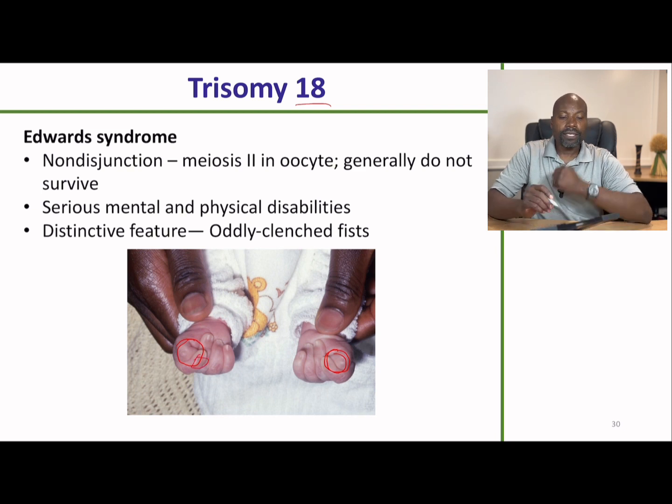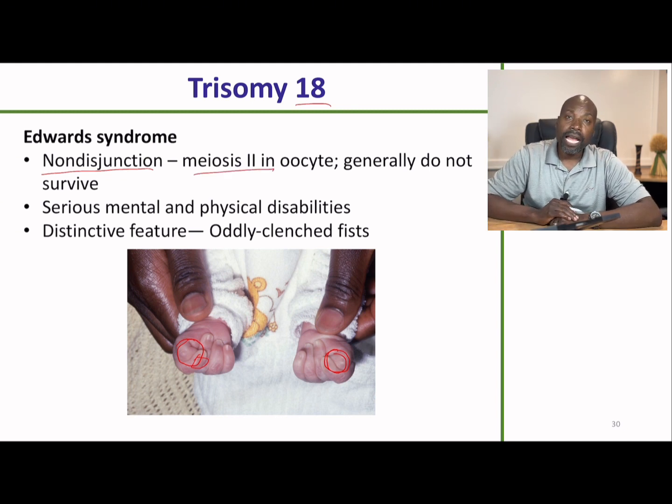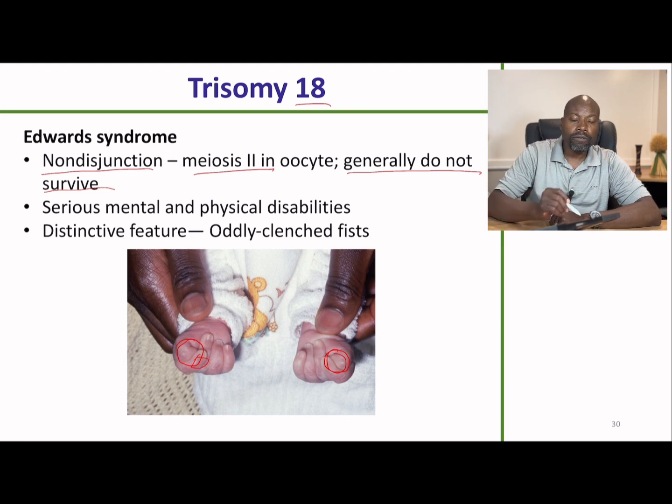So this is typical of trisomy 18. Non-disjunction occurs in meiosis 2 in the oocyte, and in that situation the cell is in general not going to survive. Individuals who do survive are born with serious mental and physical disability.